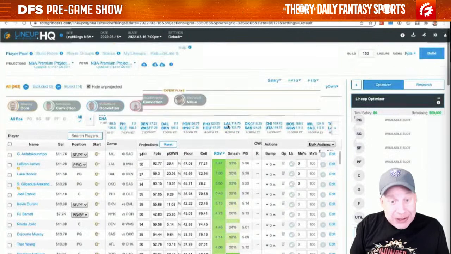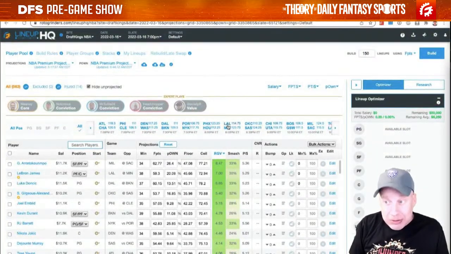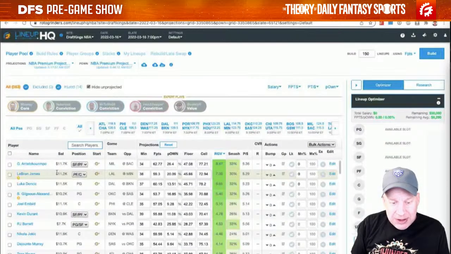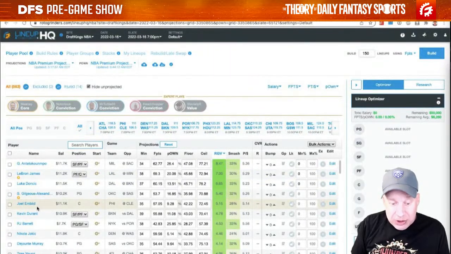And you know when the numbers will be the most accurate? Closest to lock. So if you just showed up closest at 6:30, all you have to do is go to rotogrinders.com/lineupHQ, right? You literally have to know nothing about basketball. Nothing at all. You could have literally never heard of Giannis, never heard of Luka, never heard of Joel Embiid.